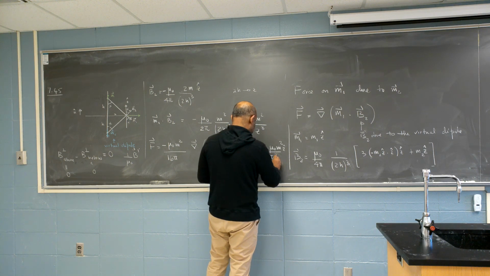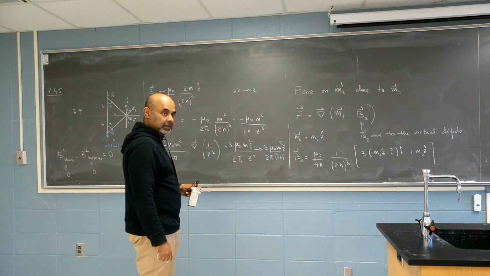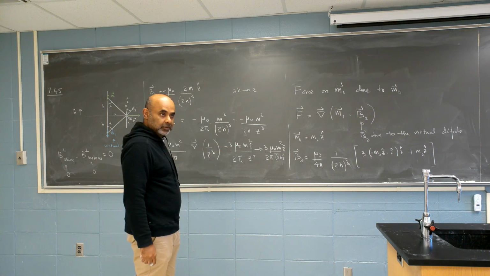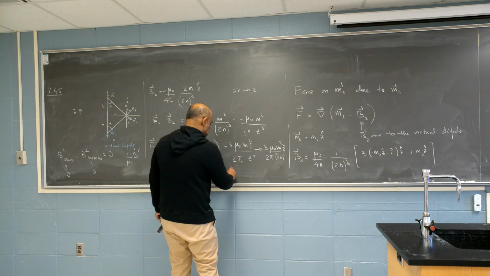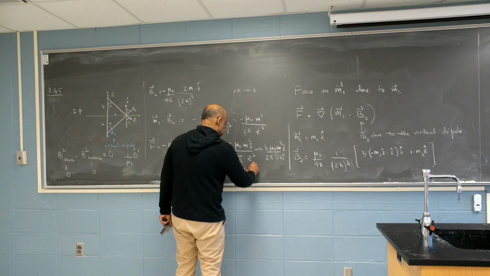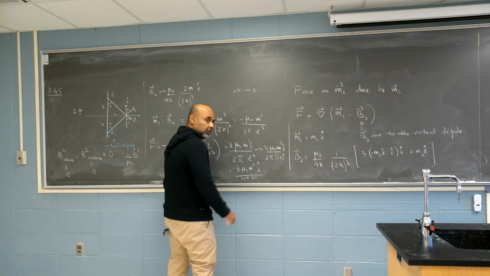Yeah, maybe that's what it is. Please make sure that I'm not just seeking the answer I get. Then I replace z with 2h. So then I get 3 mu0 m squared z hat over now 32 pi h to the 4th.